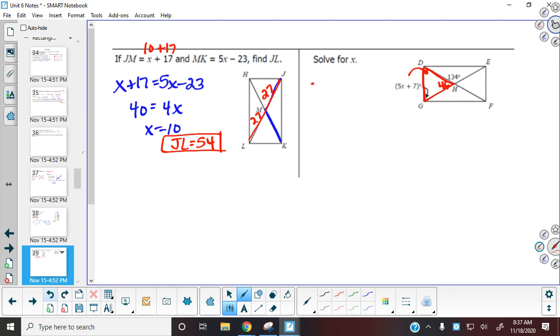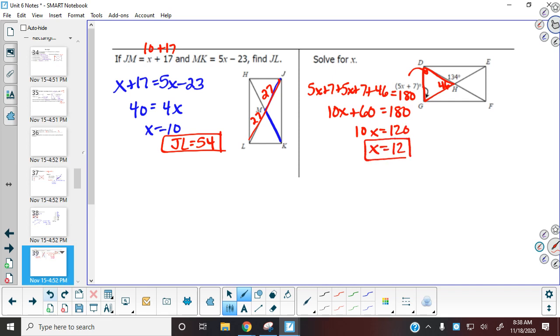So we can do 5x plus 7 plus another 5x plus 7 plus the 46 in the middle equals 180, because again, we have a triangle. We can combine like terms. We have 10x, and 7 plus 7 plus 46 is going to give us 60. To finish solving, we have 10x equals 120, so our x is 12. Again, there's more than one way to do that problem, so don't feel like you have to do it the way that I just showed you.